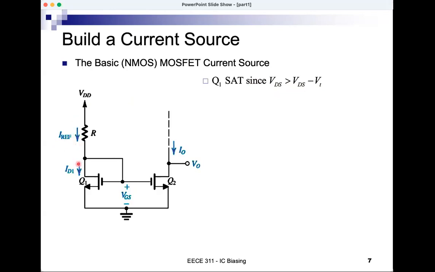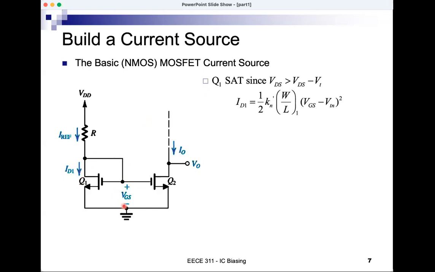So assuming that current is flowing, then Q1 is definitely SAT. The other option would be triode, but it cannot be in triode because of this short circuit. VDS equal to VGS implies VDS greater than VGS minus VT. So Q1 is SAT whenever it conducts. Whenever the circuit is used as a current source, it should have some current in it. And in this case, Q1 will be saturated.